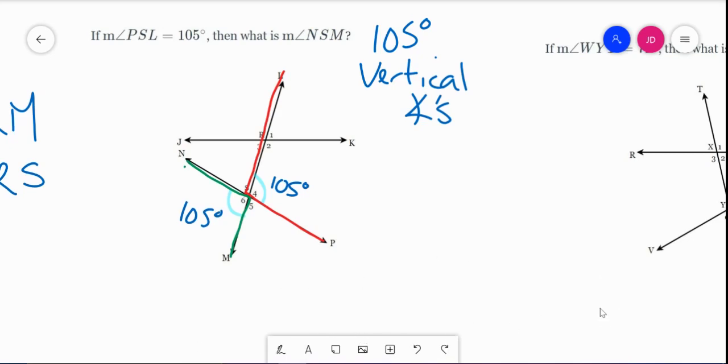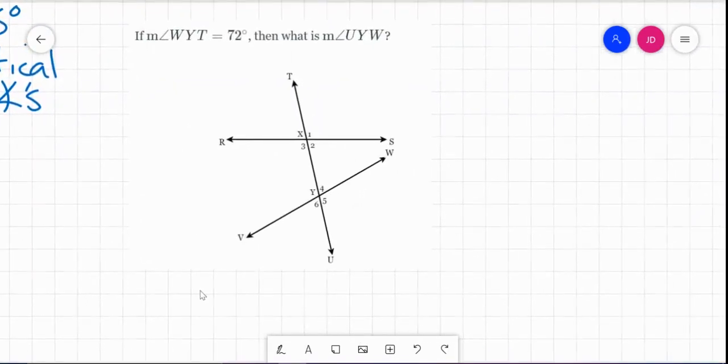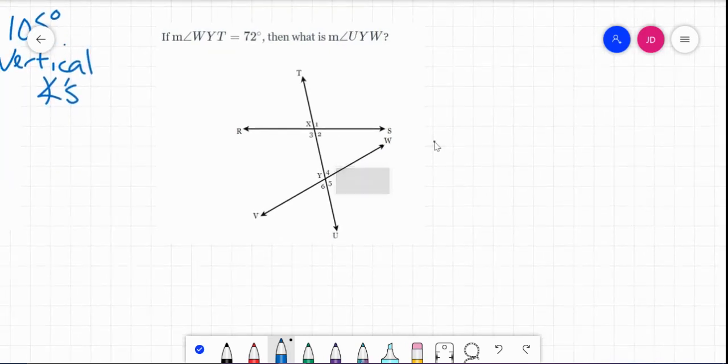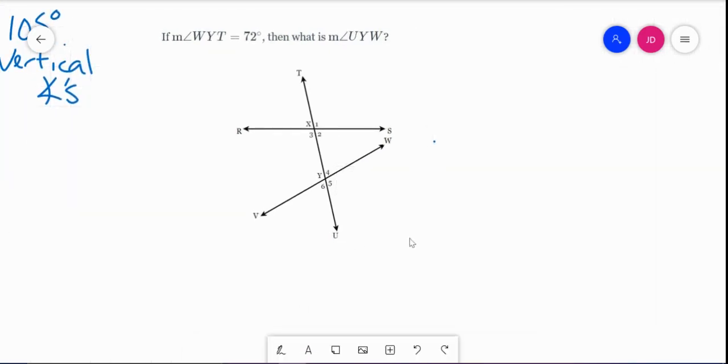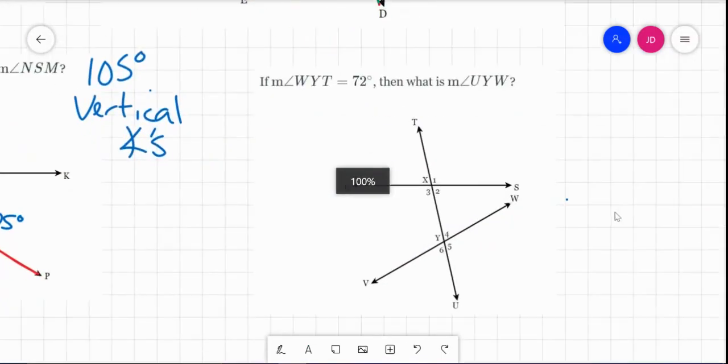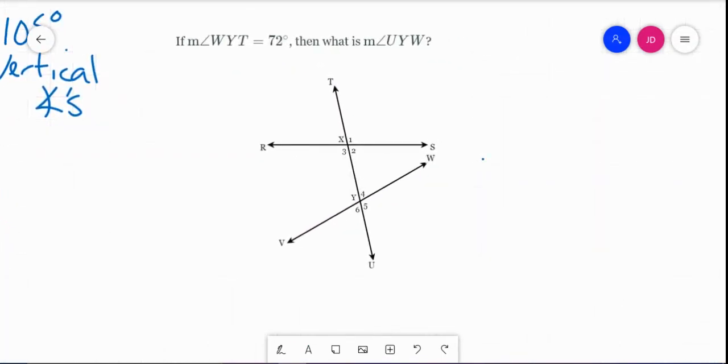All right, let's look at the last one right here. WYT is 72 degrees. Then what is UYW? All right, so WYT, where's W? There we go. WYT.